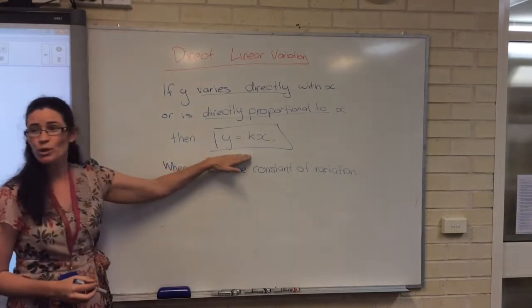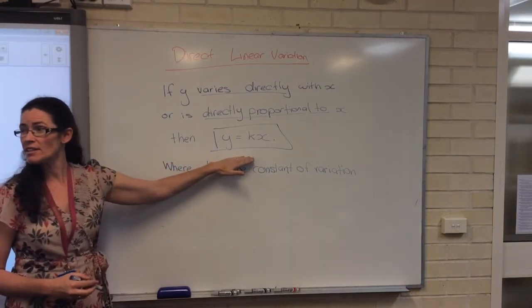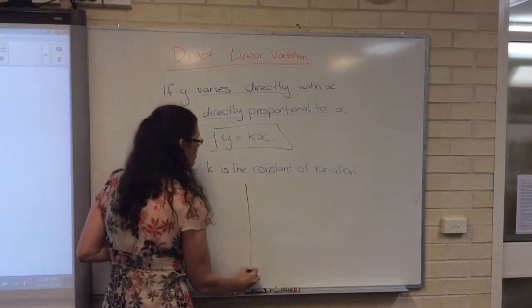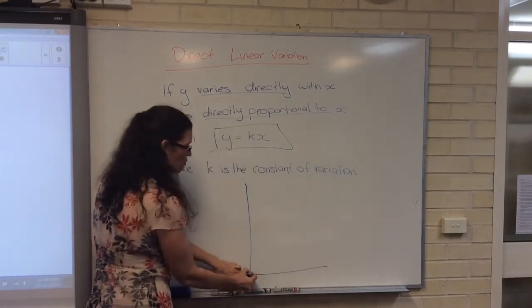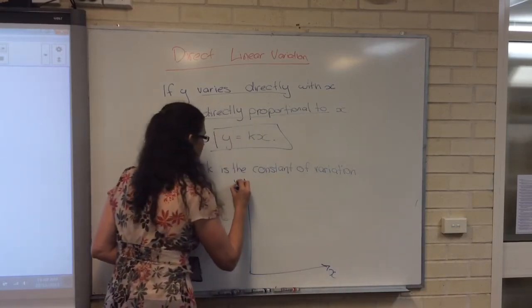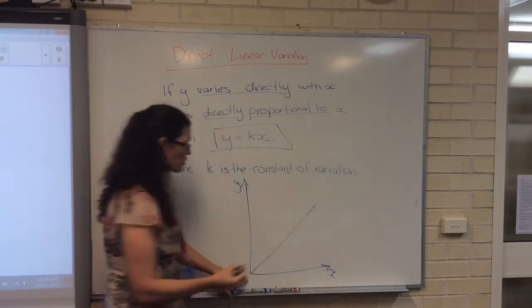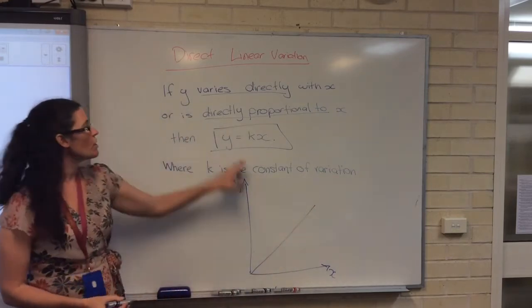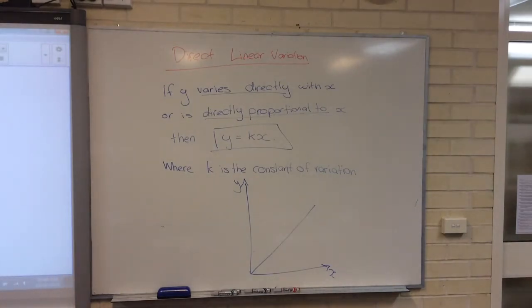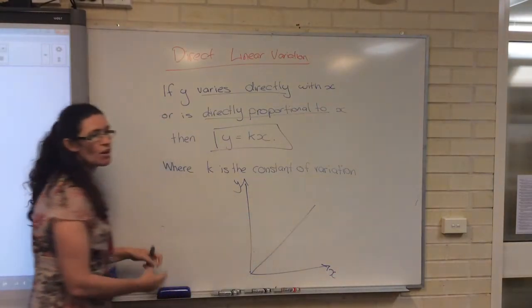So if I drew any of these as a graph, they would go straight through the origin. No matter what I drew, they will always go through the origin. So a graph of any of these directly linear variation questions will be a straight line through the origin.